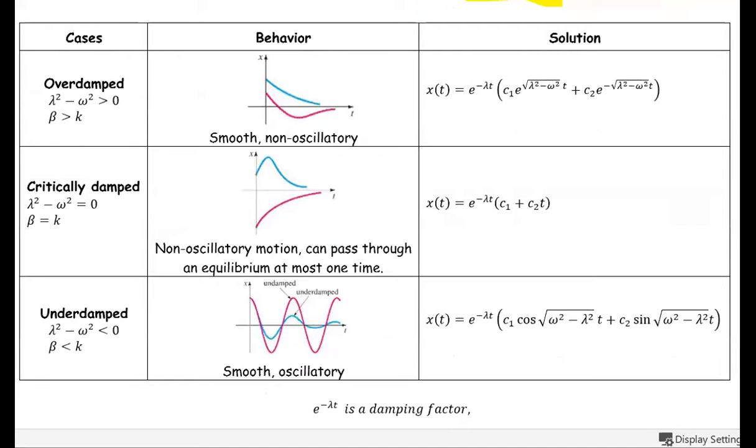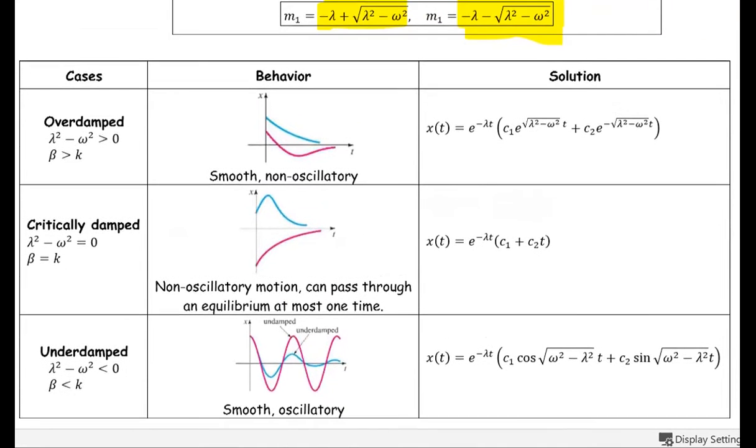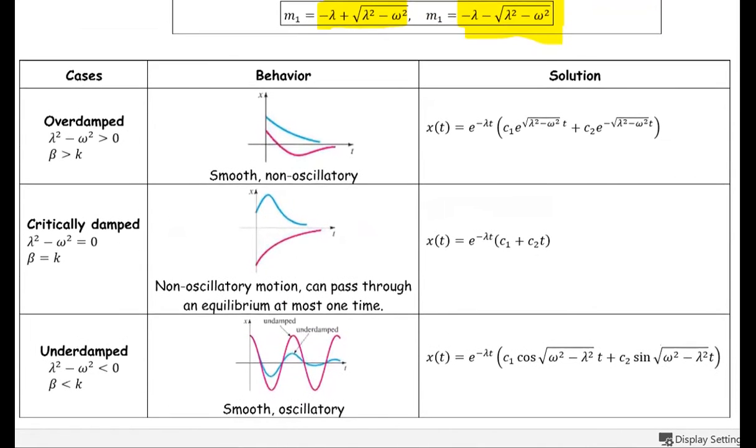Case one, the solution form, you see the m as a negative lambda plus or minus a square root. In this case, you have two distinct real roots, and the solution is e to the power of each root times t. This case is called overdamped because the exponential part, which has a negative sign, decays rapidly.